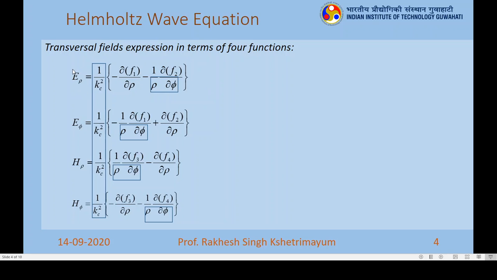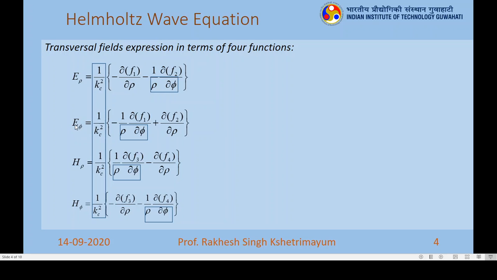In order to find E rho and E phi, I take derivatives of function 1 and function 2. In order to find H rho and H phi, I take derivatives of F3 and F4. You can also look at the signs: minus minus, minus plus, plus minus, minus minus. One more observation is that whenever I want to find E rho, I first take the partial derivative with respect to rho of F1, then the partial derivative with respect to phi of F2.